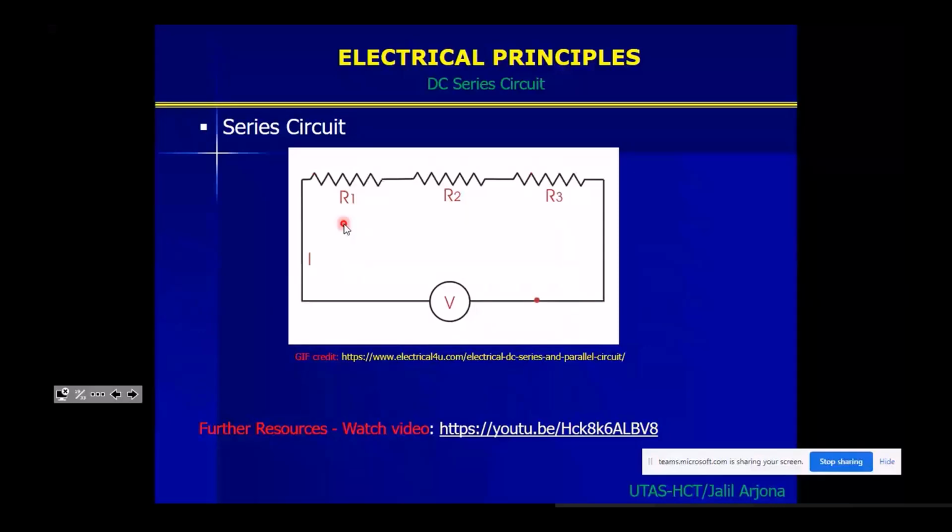Can you see the movement of the current? Yes, sir. This is the current. This is the series circuit.